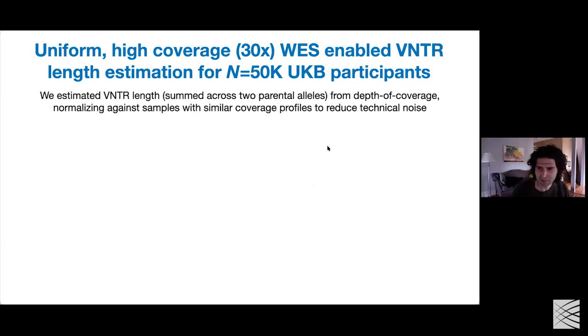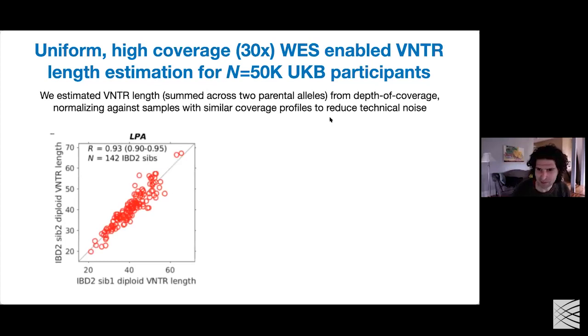The details are a bit technical, but in broad strokes, we estimated VNTR lengths summed across the two parental alleles from depth of coverage and normalized the depth of coverage against samples with similar coverage profiles to reduce technical noise. In some instances, this normalization against other similar samples reduced the noise in these measurements by up to 60%. We benchmarked these methods using data on siblings.